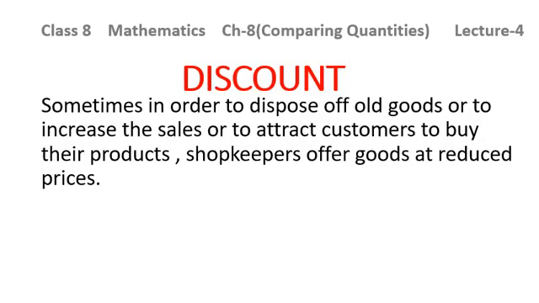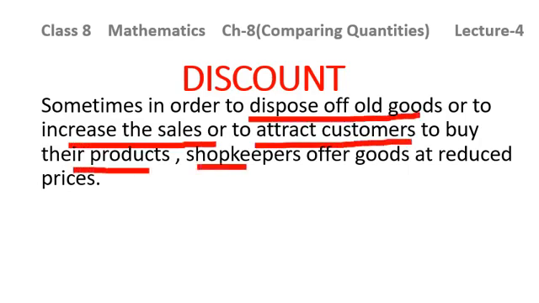Sometimes, in order to dispose of old goods, to increase sales, or to attract customers to buy their products, shopkeepers offer the goods at reduced prices. Or sometimes you must have seen banners like special offer, huge sale, discount up to 50%, rush to avail of a lifetime opportunity.